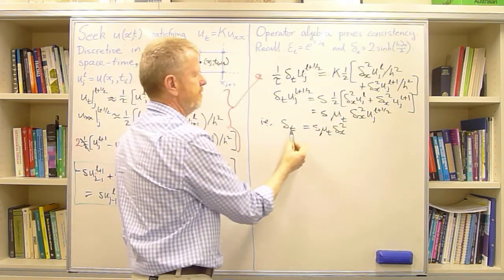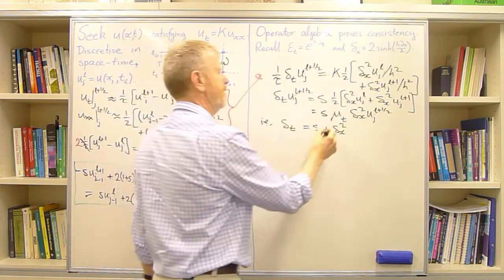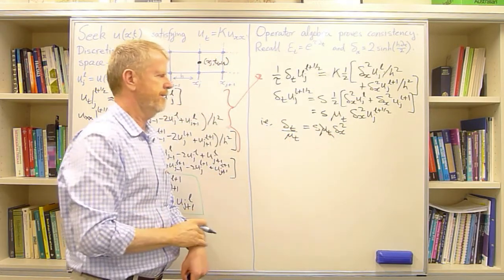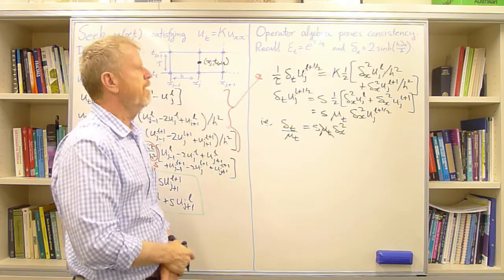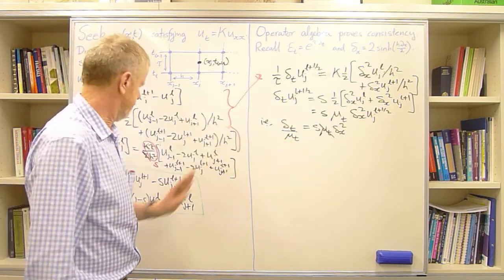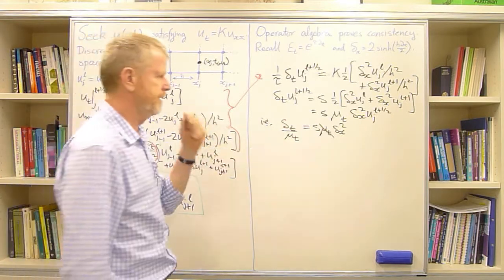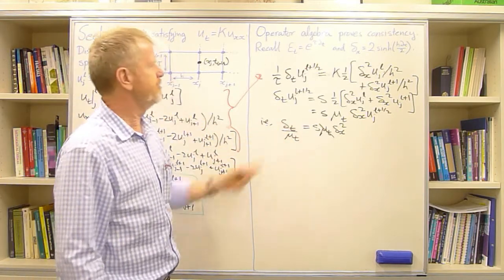Now, it's convenient to put all the time operators on the left, so divide by mu t, and you get that equation. And our discretisation is, in some sense, equivalent to this operator equation. All right, now what do we do with this?